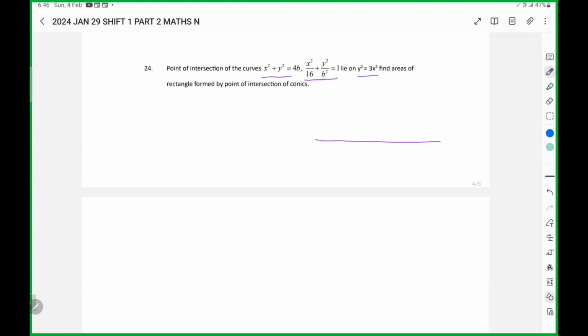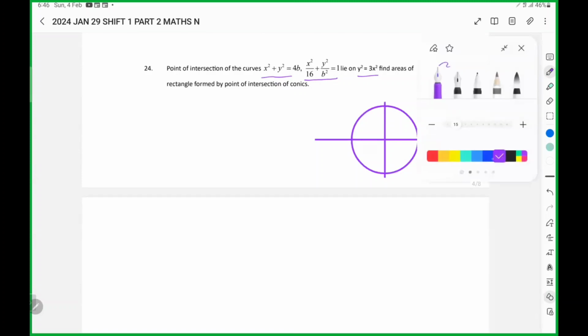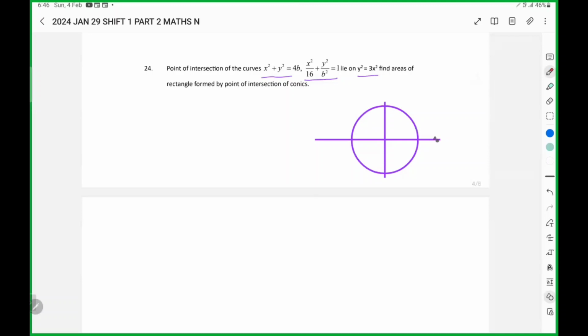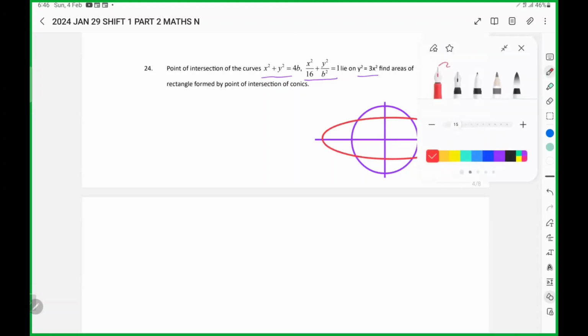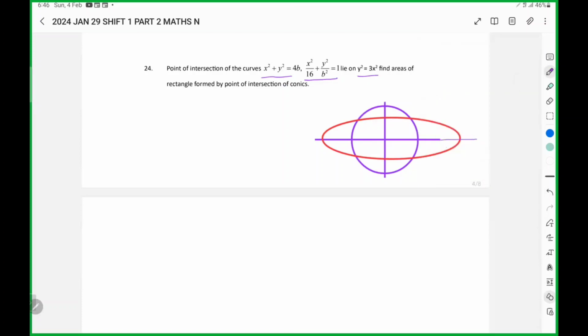So the circle, and then we have y square is root 3x whole square.